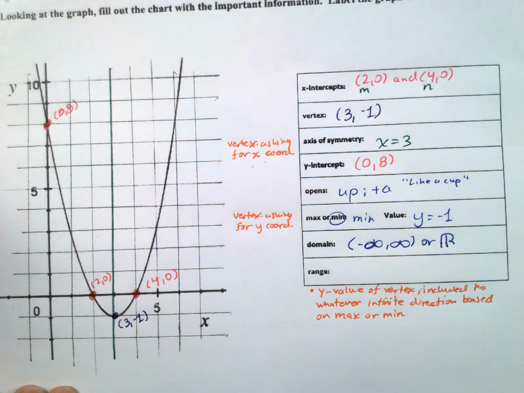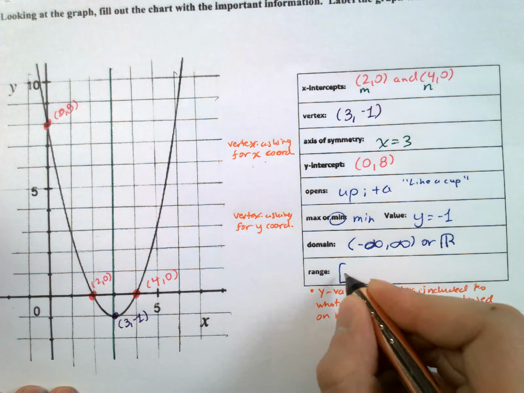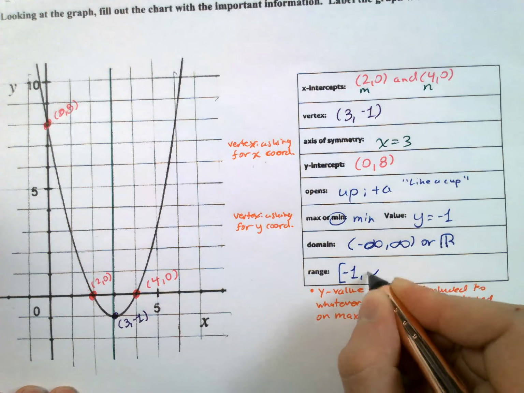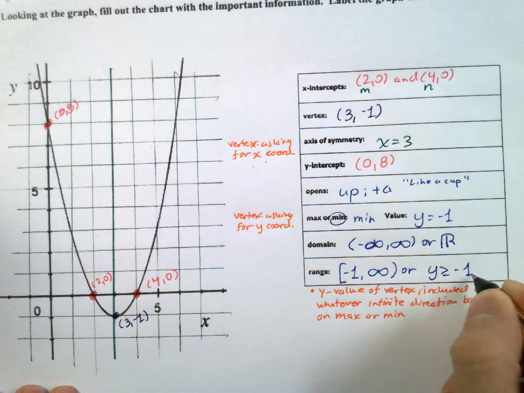That's what that basically means when it asks for the range. Now, in regards to that range, you have then the y value all the way to positive infinity. Or, if you want to write it in terms of inequality, y is greater than or equal to -1.